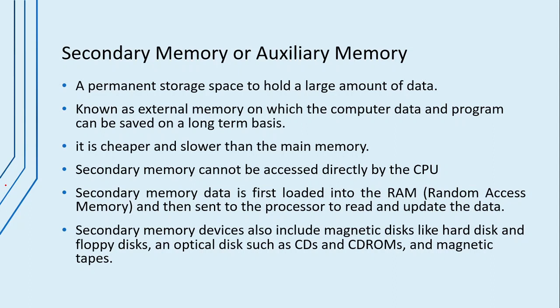Secondary memory, or auxiliary memory devices, also include magnetic disks like the hard disk, floppy disk, optical disk, and different types of magnetic drums and magnetic tapes. These are examples of secondary memory.